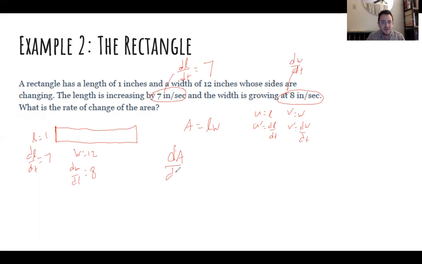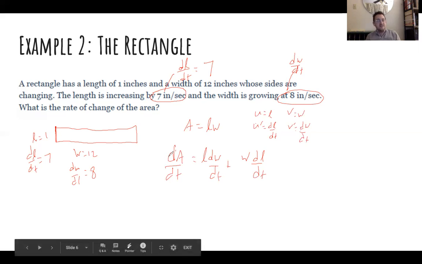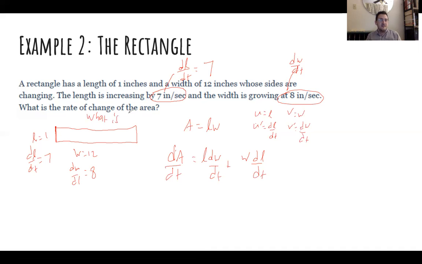Our implicit formula would be L times dW/dt plus W dL/dt. Now, it's asking us, what is the rate of change of area? This is saying, what is dA/dt? How much is the area changing over time? That's what the question is asking.